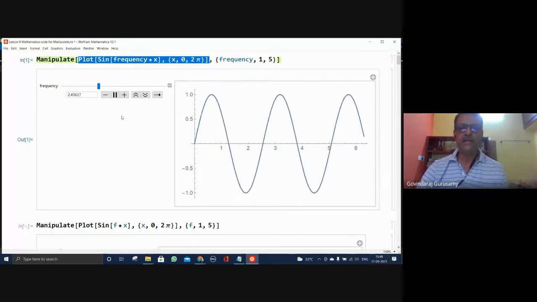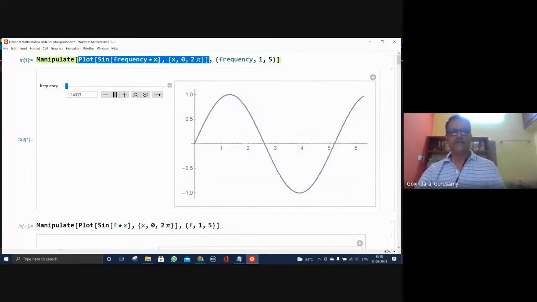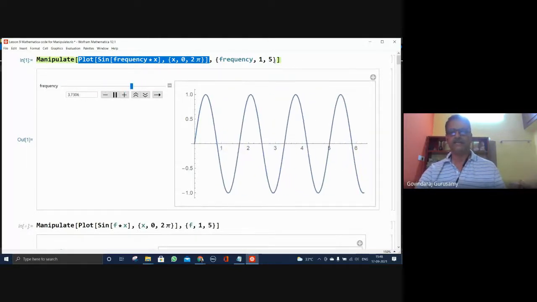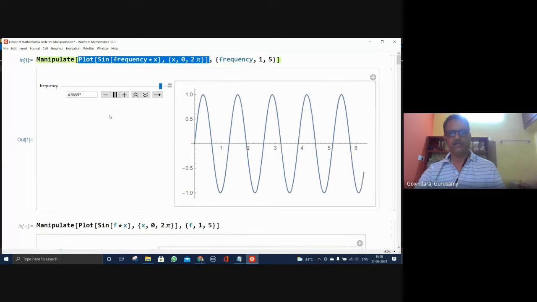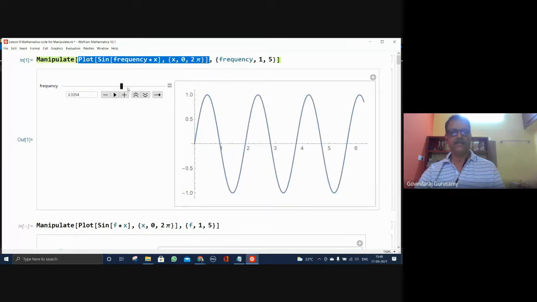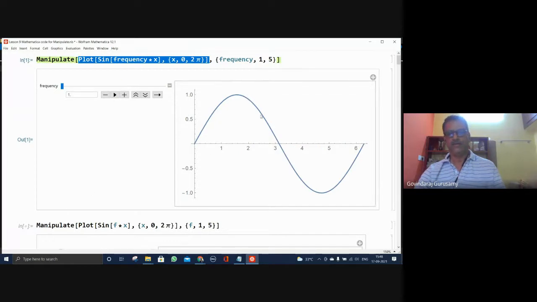Note that x covers 1 cycle, and the number of cycles we have made is 5. When x is taken as the unit 1 cycle, by the time it completes I get 1 full wave for frequency 1. This number 1 is taken automatically by the Manipulate statement, in sine of frequency times x, and x varies from 0 to 2 pi.